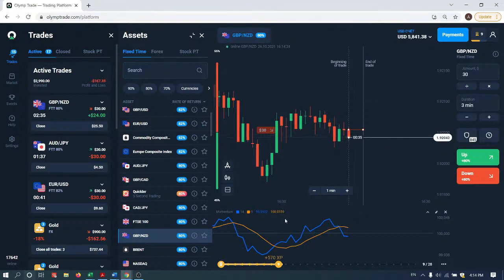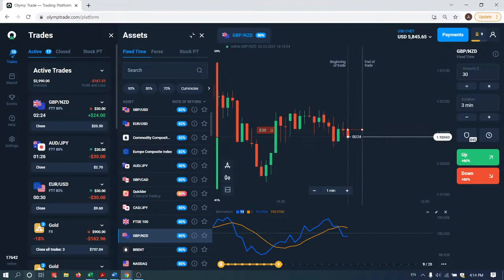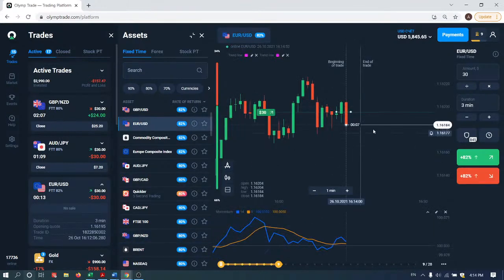It takes the current price and compares it with the price n periods ago. In our example, it is 14 periods ago, or 14 candlesticks ago. So we take the current quote and we divide it by the quote which was there 14 candlesticks ago, 14 periods ago.